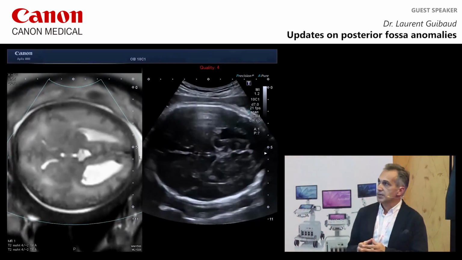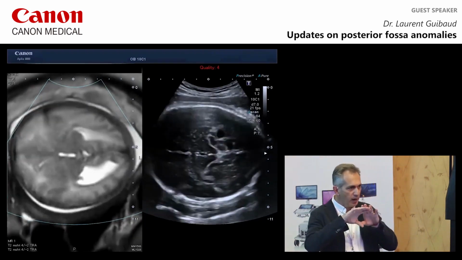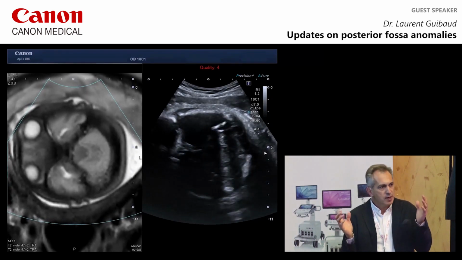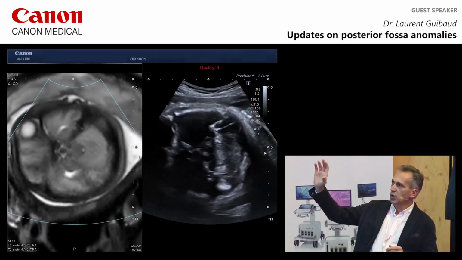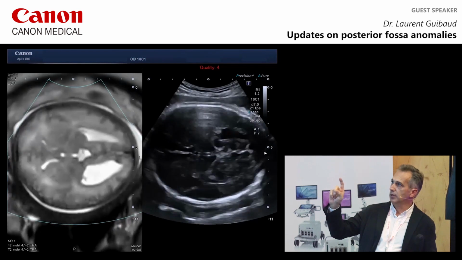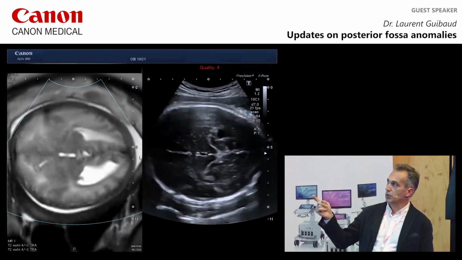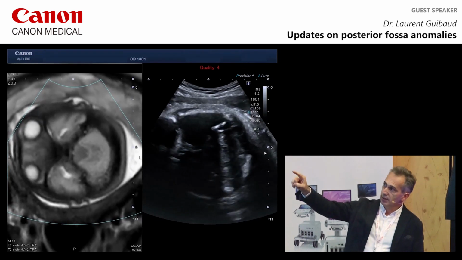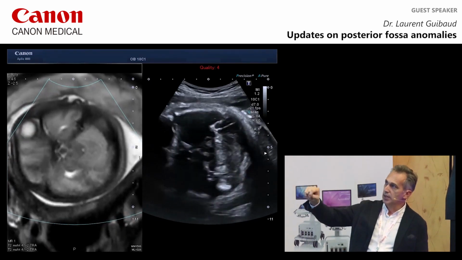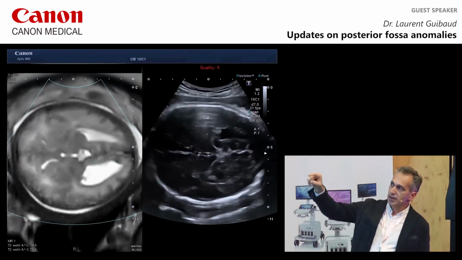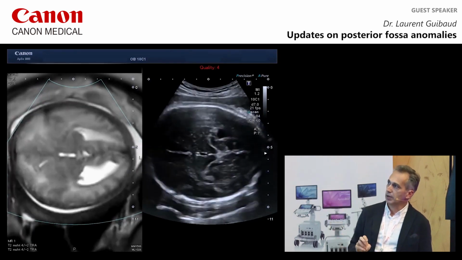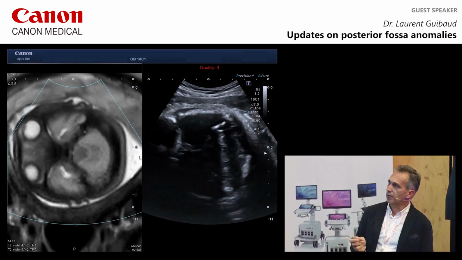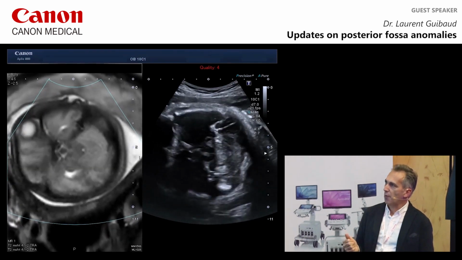Because, in fact, there is disappearance of the pericerebral space, and because the size of the posterior fossa is reduced, and here you can easily understand because we have the exact correlation between absence of the fluid surrounding the cerebellum, the banana sign of the cerebellum, which is typical for, in fact, Chiari 2 malformation.